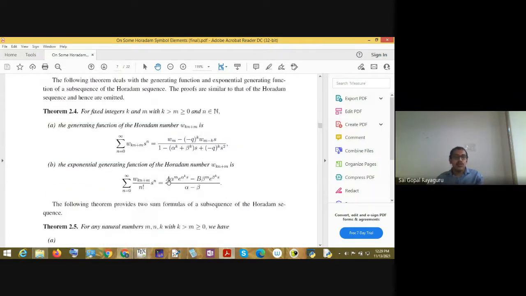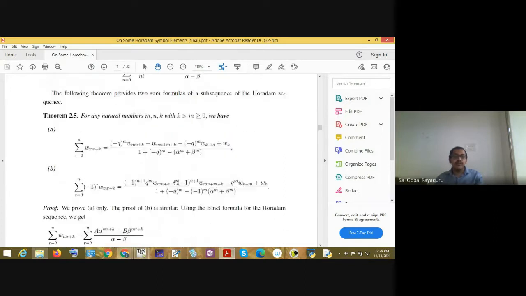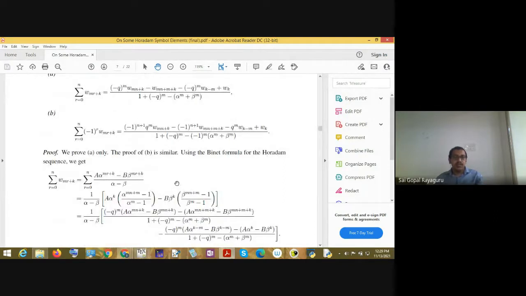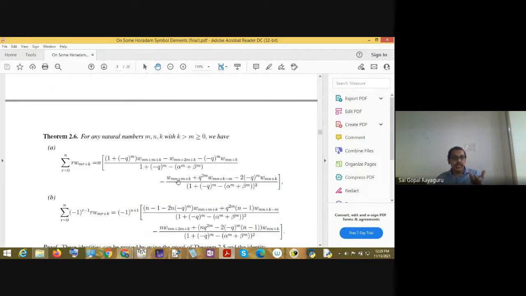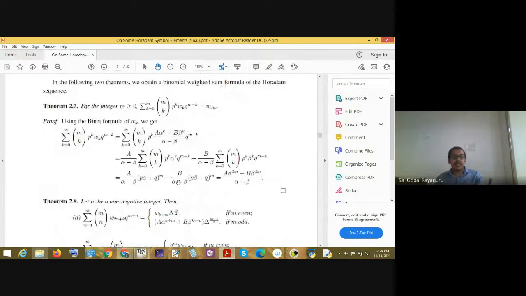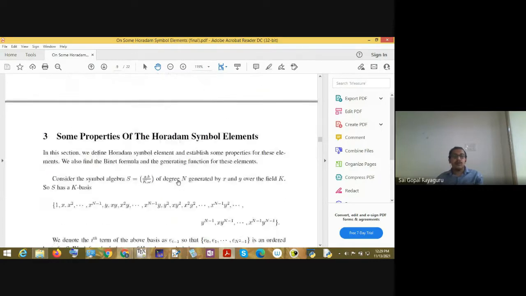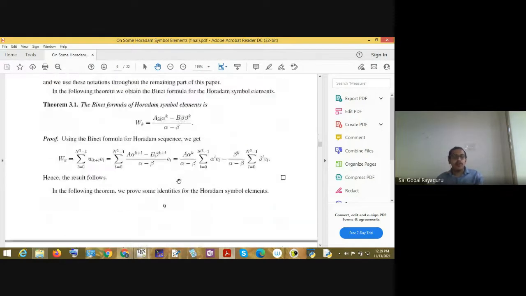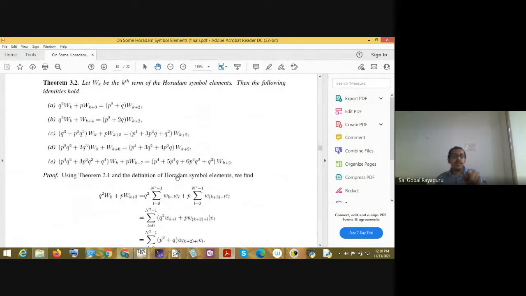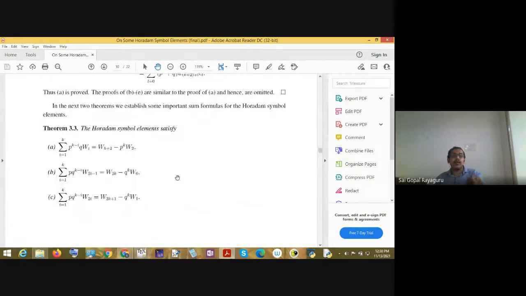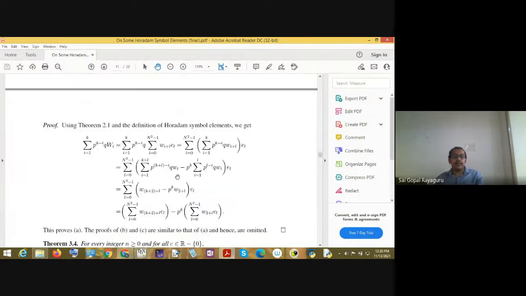We actually defined the generating function, various summation identities, weighted summation identities, also alternating summation identities involving binomials. They are the properties for Horadam numbers, and one can see similar properties hold for the Horadam symbol elements.